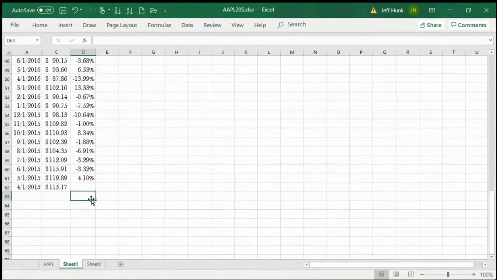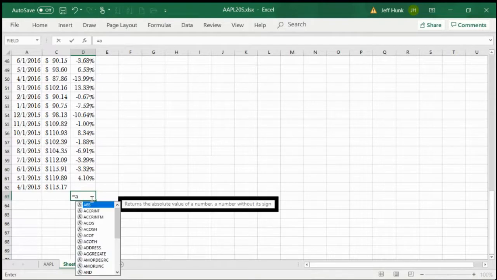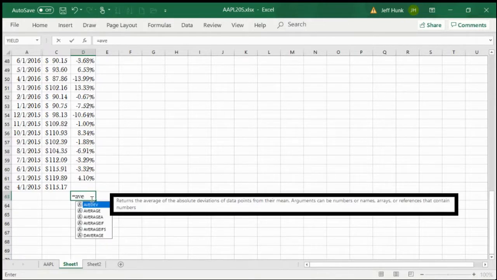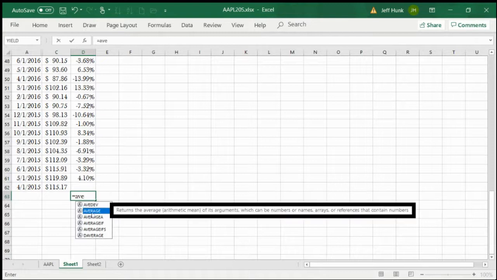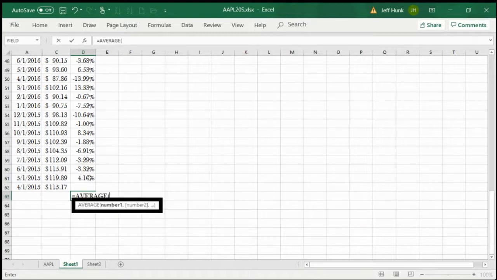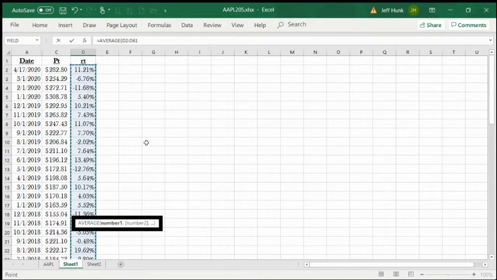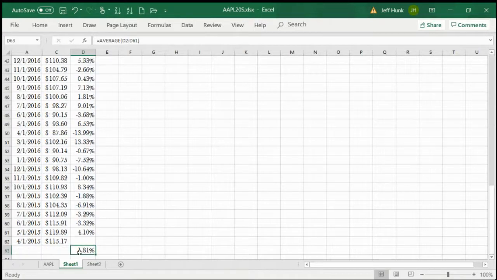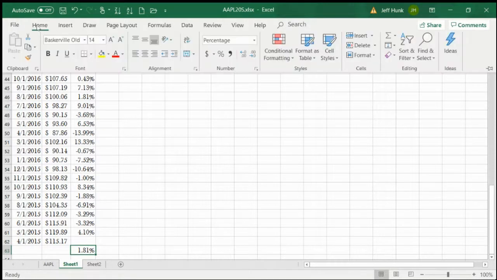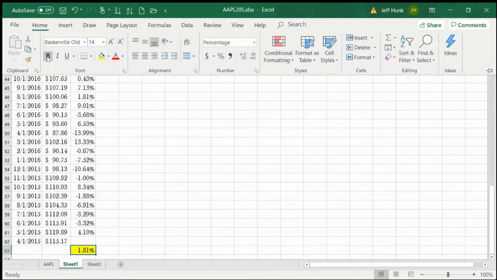So to take the average, you can simply type in AVER, and you get average come up, right? Double click and simply highlight this data range, right? And there's going to be 60 of them, right? And then voila, that is the monthly average, average monthly return.